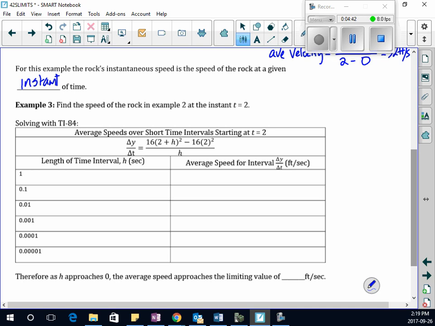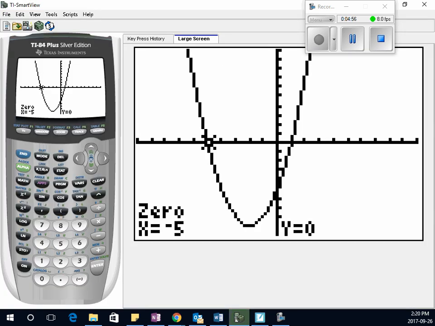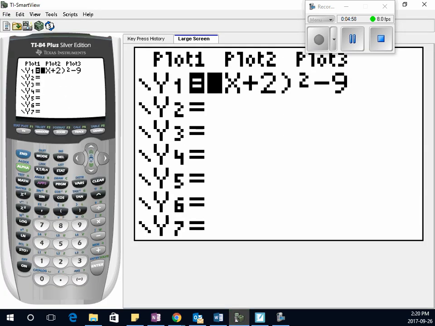Okay, so we're going to use our TI-84. Well, or 83, I don't really care. Okay, so we're going to type this in.